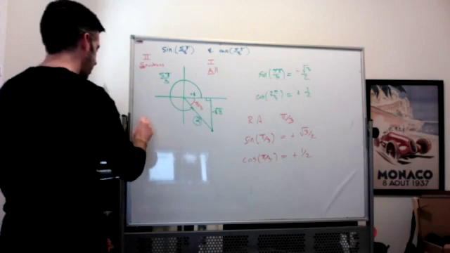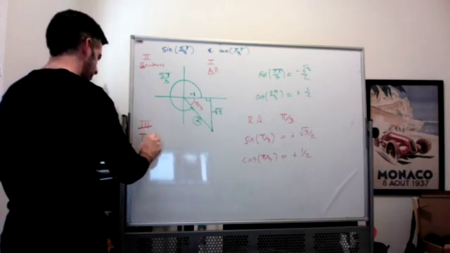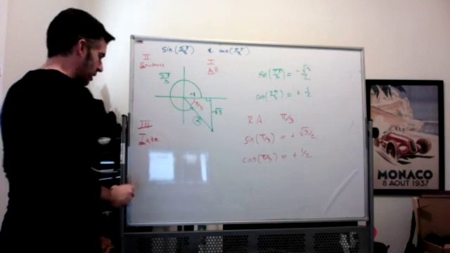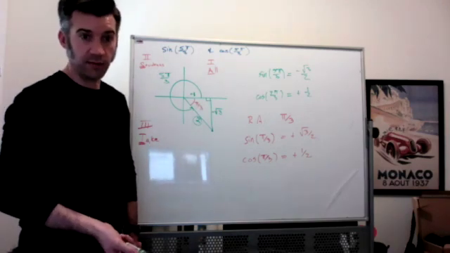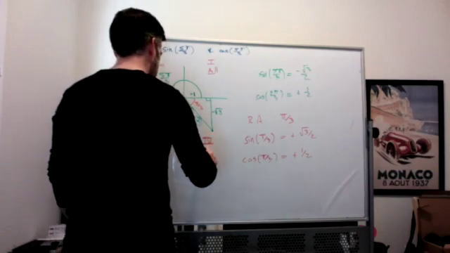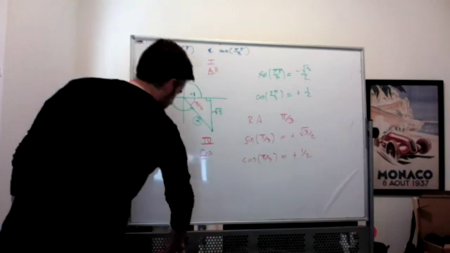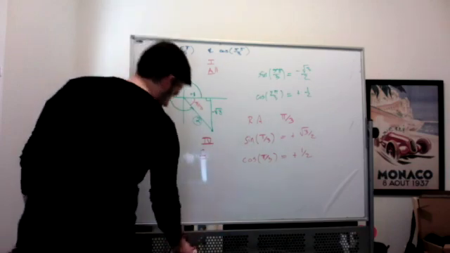In quadrant 3, tangent is positive, and the other 2, sine and cosine, are negative. And in quadrant 4, cosine is positive, and the other 2, sine and tangent, are negative.